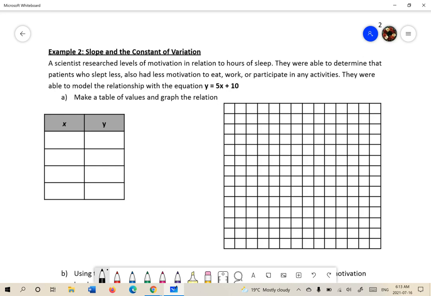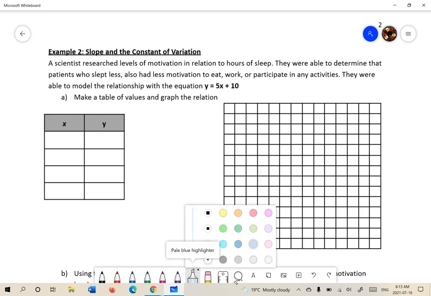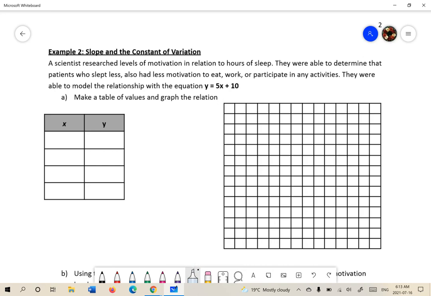Now we're going to create a table of values just given the equation. But that's all I really need. In this equation, I'm given everything that I need to create a table of values and to graph the relation. I'm given my slope, which is 5.